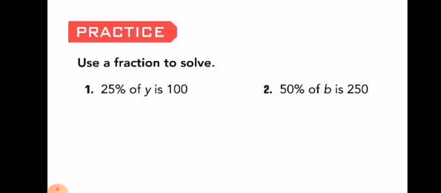Let's see the questions from your practice book. The first question here: use a fraction to solve. 25% of y is 100. What does that mean? 25% of y means y is the total. The part of y is 100 and this part is 25%.